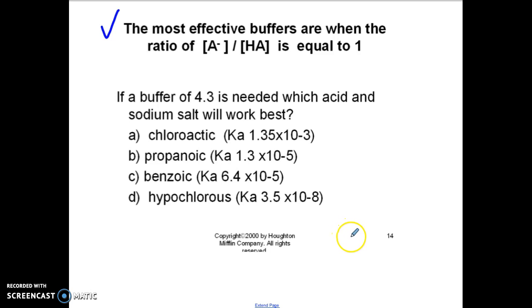So what I'd like you to do now is pause the video and consider which acid would be the best for a buffer of 4.3 when you're putting that weak acid with its sodium salt. So pause the video right now and figure it out.